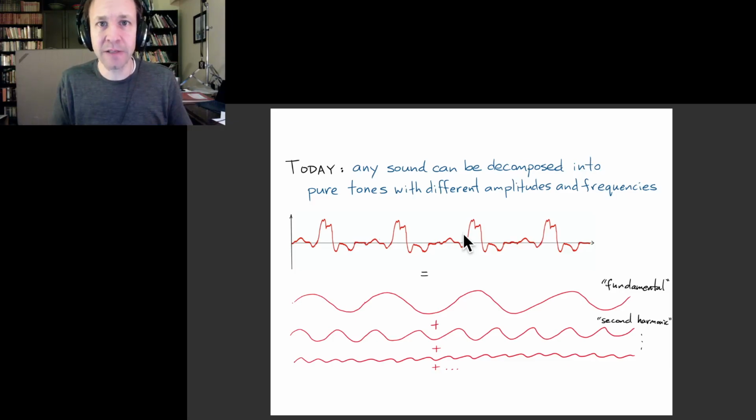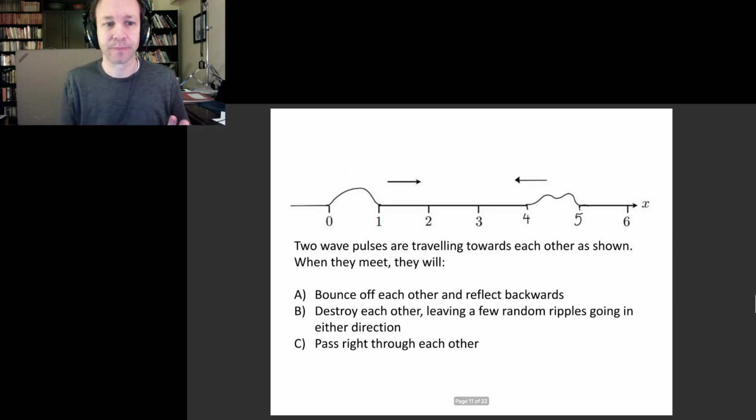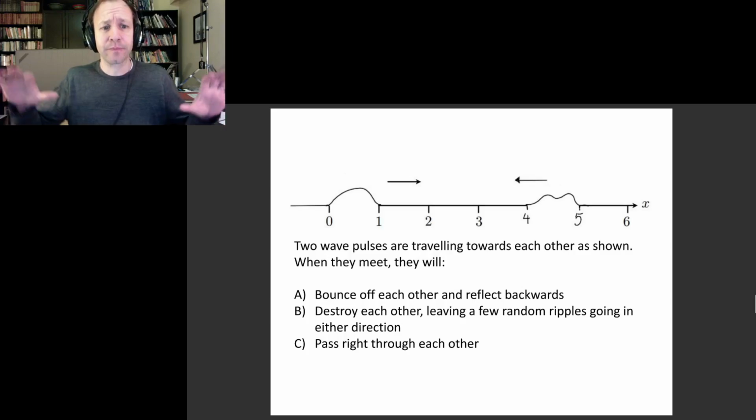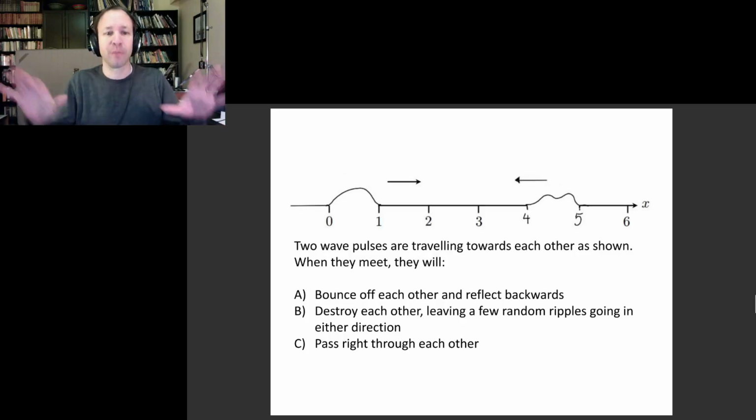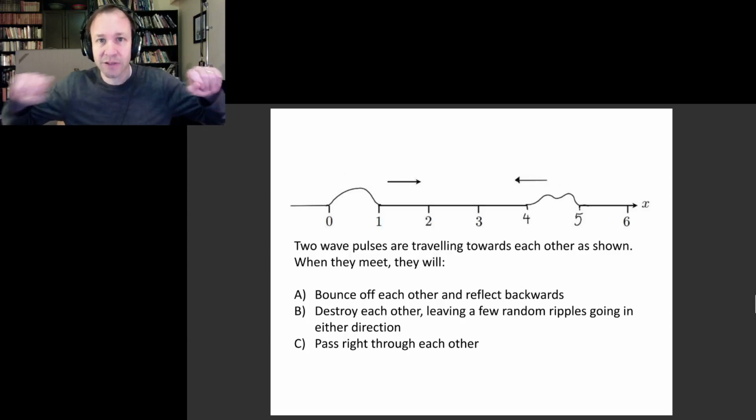So to begin to explain that, I want you to think about the following question. In this question, we have two wave pulses. Maybe this graph represents the displacement of air in a couple of sound waves, or maybe they're wave pulses traveling down a string.